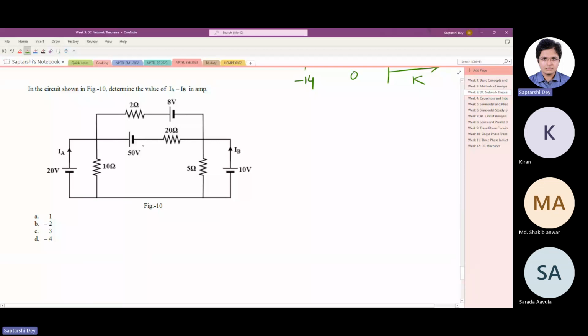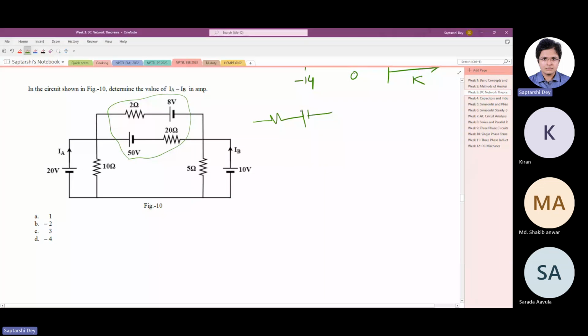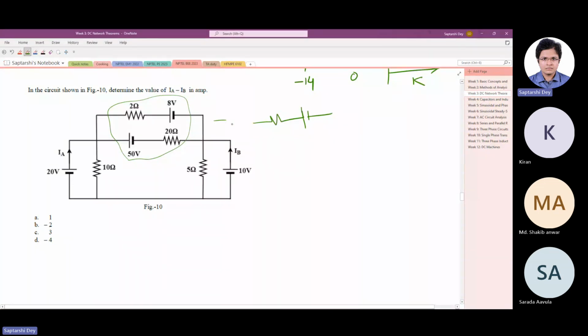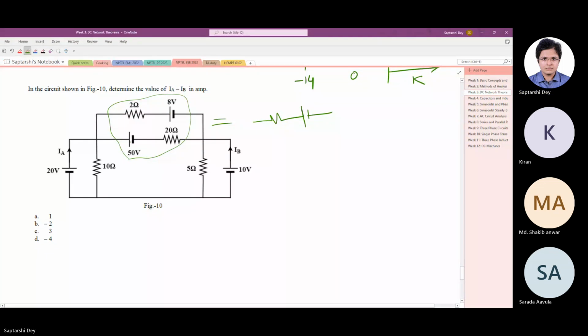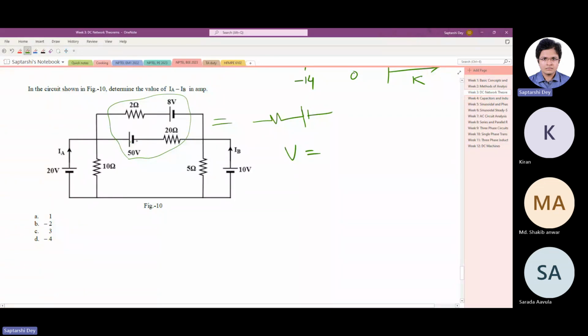Do you guys remember this thing? Two voltage sources in series, and there used to be one equivalent. You can write this times this plus this times this. I think I remember it was something like they're in the same direction here.